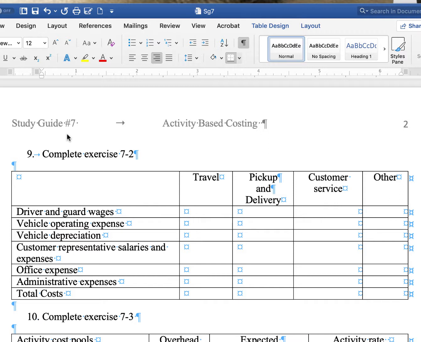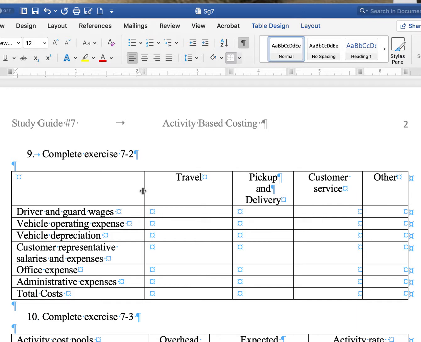So all we need to do is multiply the costs that they give us by the distribution of resource consumption by activity cost pool. That's all we need to do. All right, so let's look at the first one. Let's do the driver. I'm going to make this a little bigger.